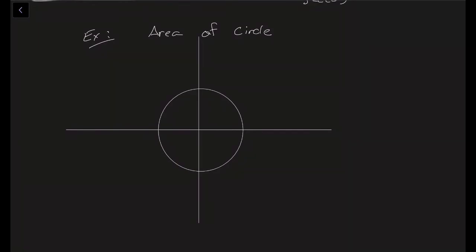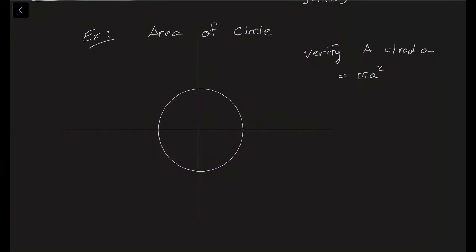So let's verify that the area with radius a is equal to pi a squared.